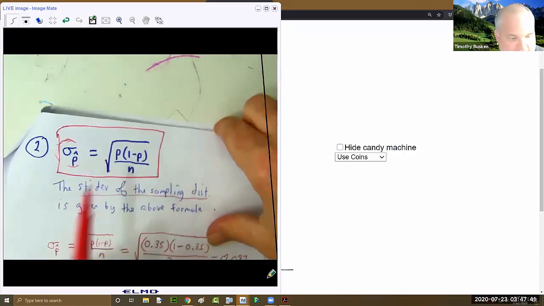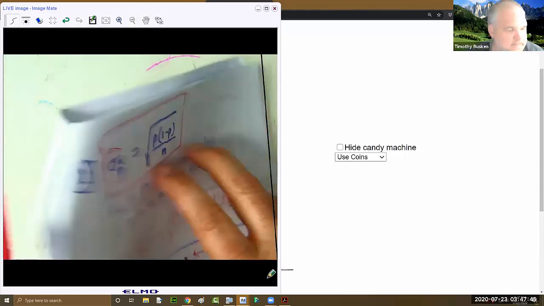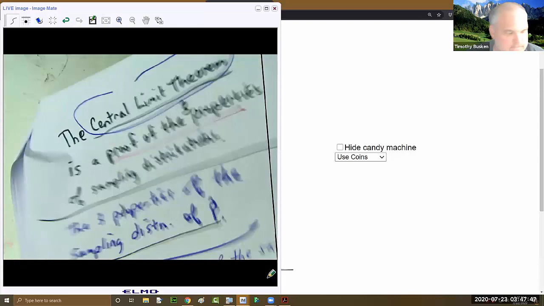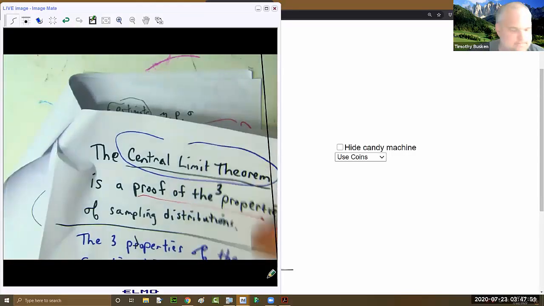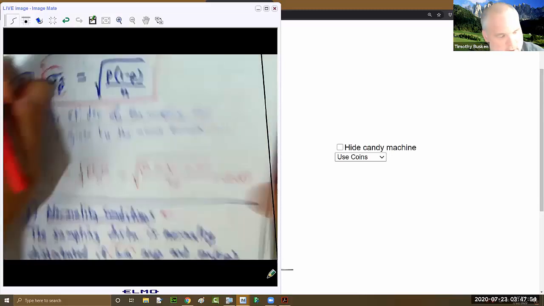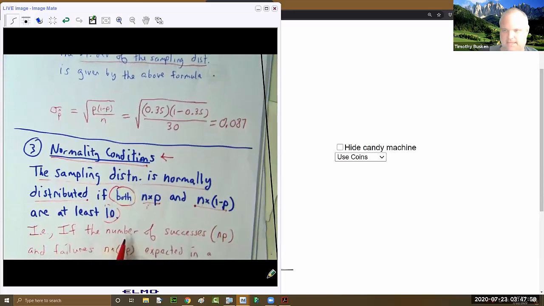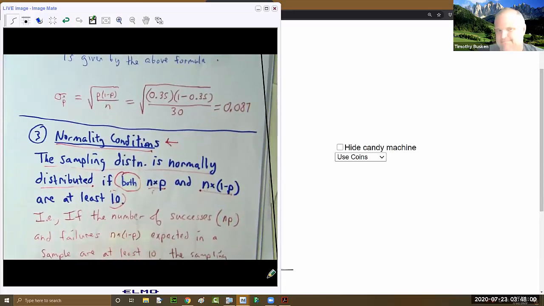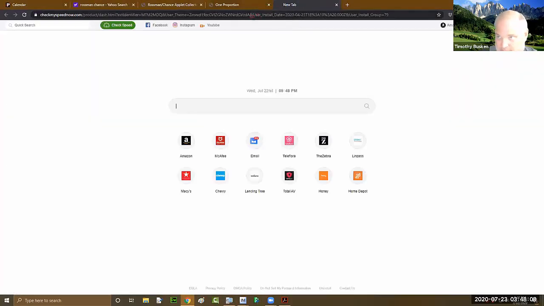And if that's the case, then this is the standard deviation of the sampling distribution, and the sampling distribution will be centered at p, the actual percentage. So our book says at least 10, but other books say at least 5. And if you look at a number of binomial distribution graphs, you can convince yourself that this is true.